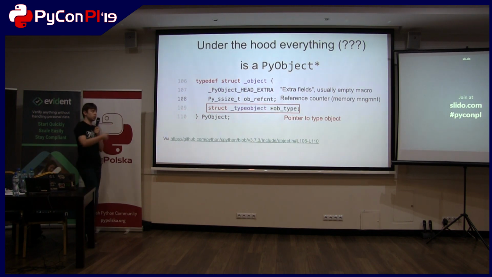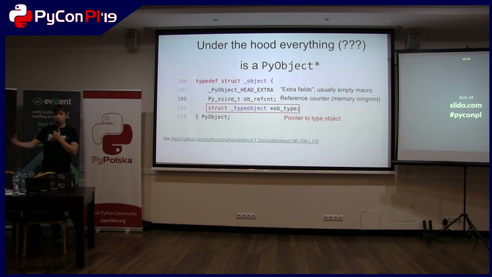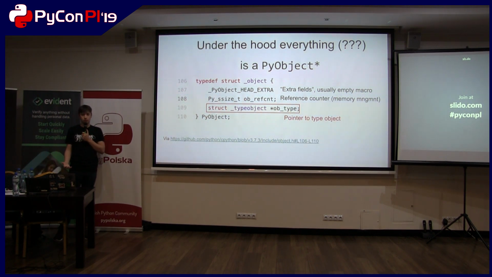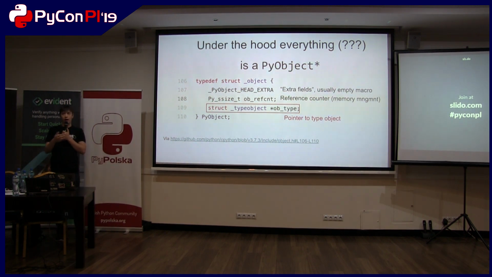There are type objects, and each variable you create in Python actually has a pointer to its type. You can think of it as the __class__ magic attribute in Python of a given object.